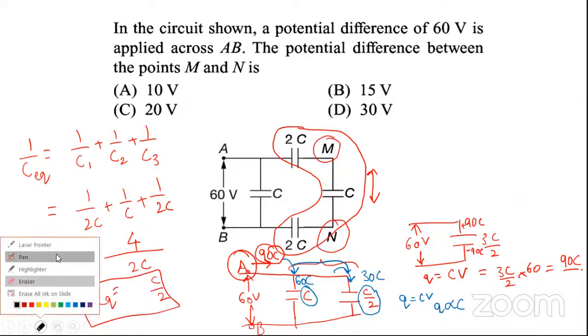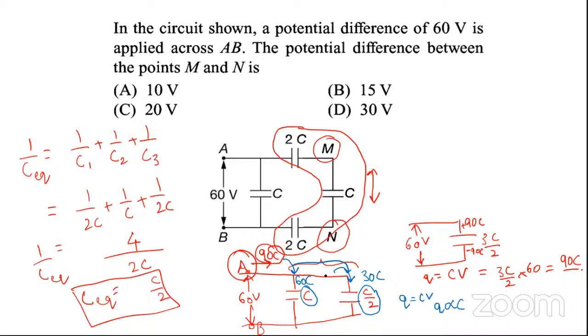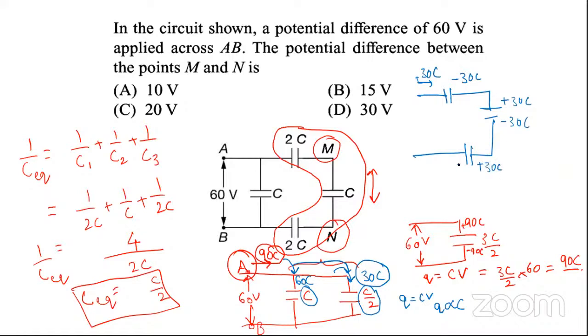Next what we are going to do is, this branch is receiving 30C. We have to deal with only this one. So what we had originally is this, means over here 30C has been given. So 30C over here and minus 30C over here, then plus 30C and then minus 30C and plus 30C and minus 30C.